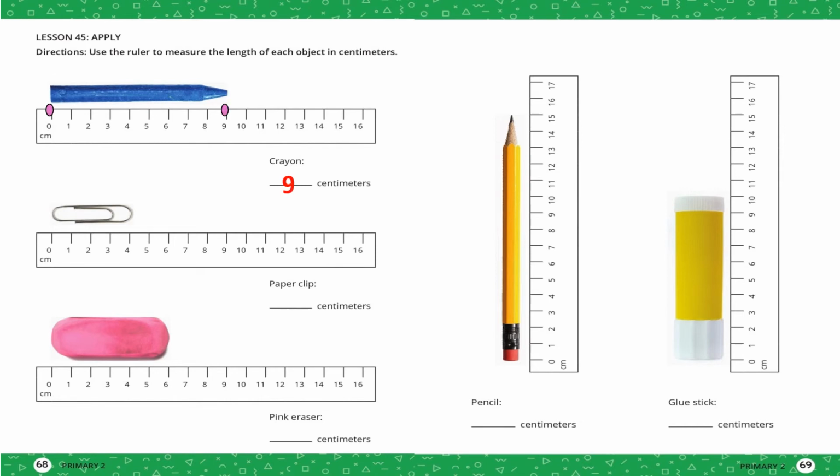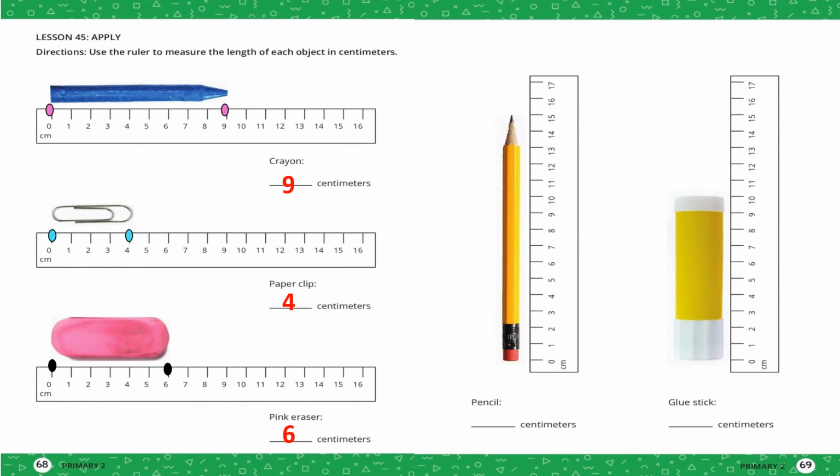It will be 9 centimeters. Here we have a paper clip. We start from 0 to the other end. It will be 4 centimeters. And here we have an eraser. It starts from 0 to 6, so it's 6 centimeters.